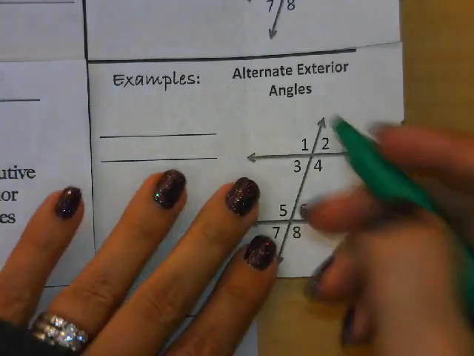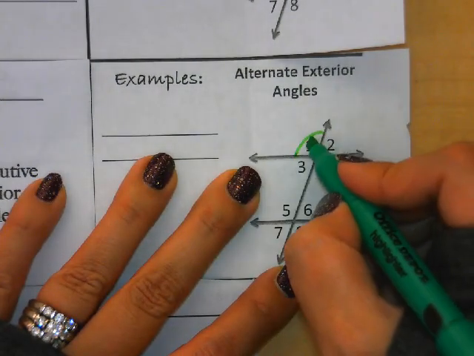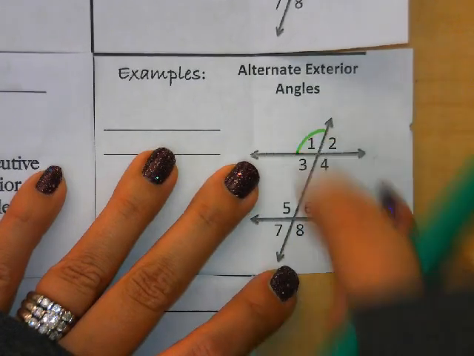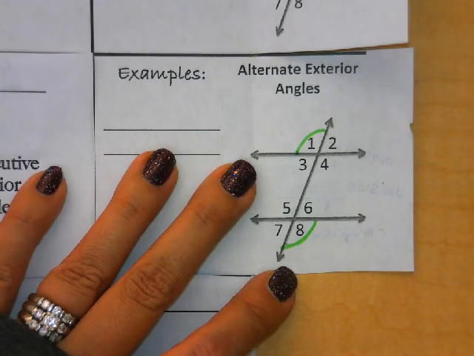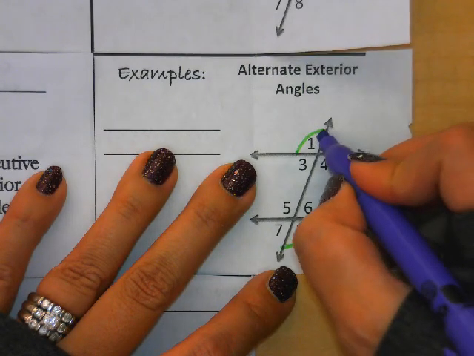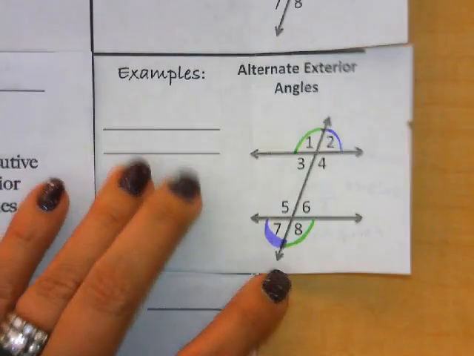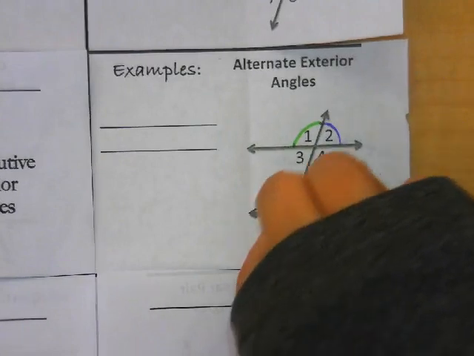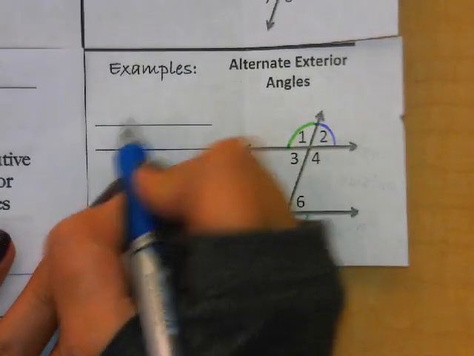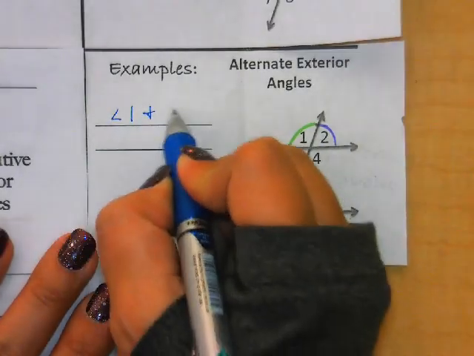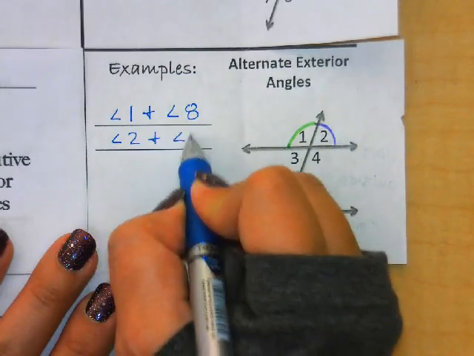So I can look here at angle 1, and I'm looking also on the outside, on the opposite side of the transversal, angle 1 and angle 8. And then also outside I have angle 2 and angle 7. And again, if I took and I rotated this, the 8 would be where the 1 is and the 7 where the 2 is. So angle 1 and angle 8, angle 2 and angle 7.